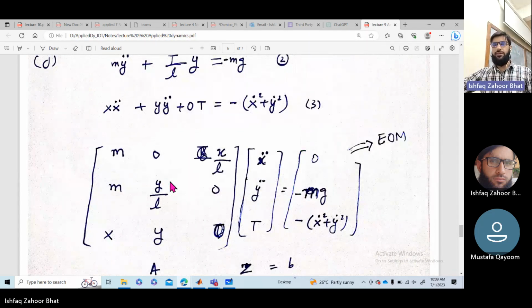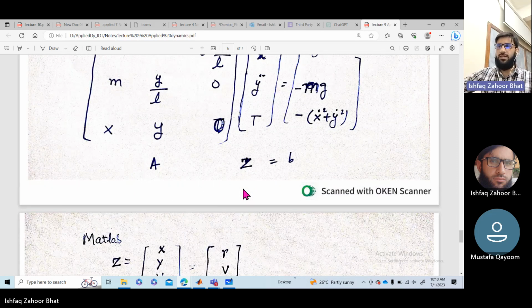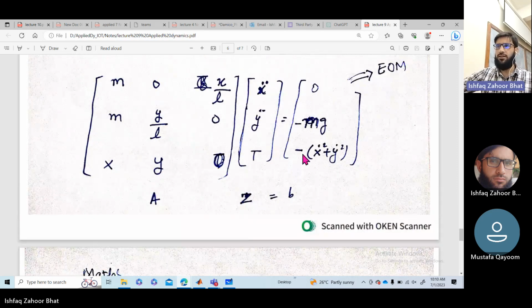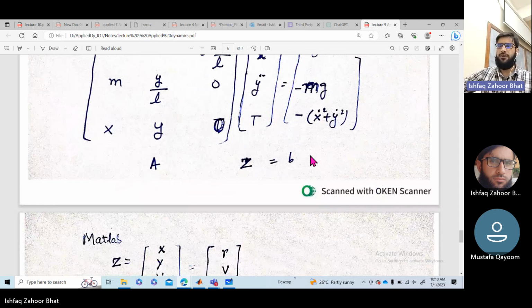So now let us try to simulate this problem, that is the pendulum problem. Basically we are in search of this vector x double dot, y double dot. If we somehow get this, we will integrate this to get the velocity and integrate the velocity to get the position at each instant of time. So this is A, this is the Z double dot vector and this is the B vector.